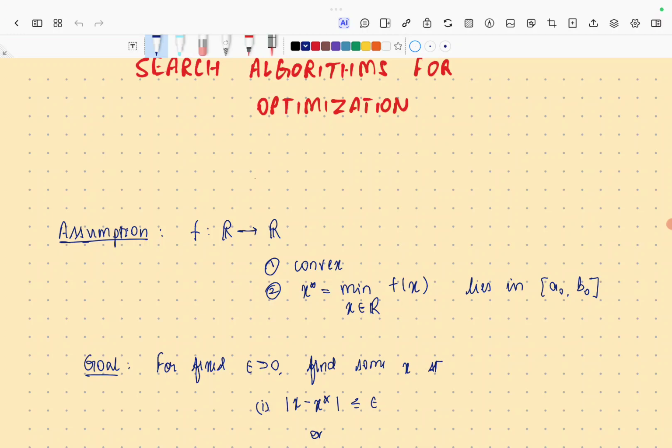Okay. So towards that, we'll first look at algorithms for unconstrained minimization. Given some function, we'll assume that there's only one global minimum, and subject to these properties, we'll see how we can possibly search for a point that is close to the minimum of the function.